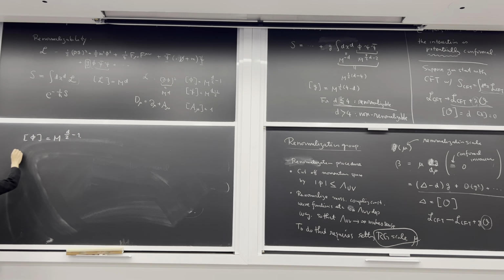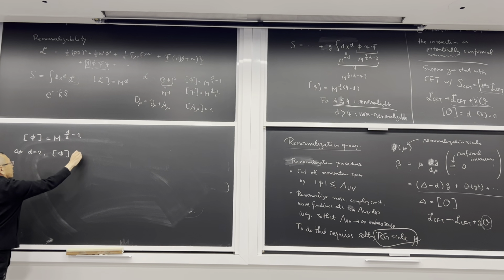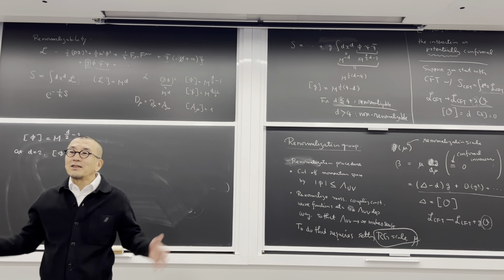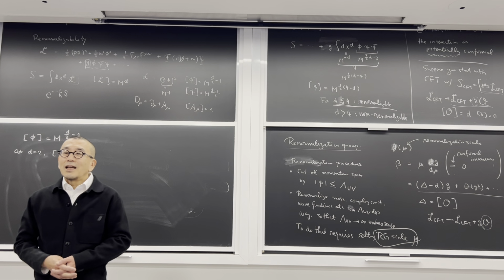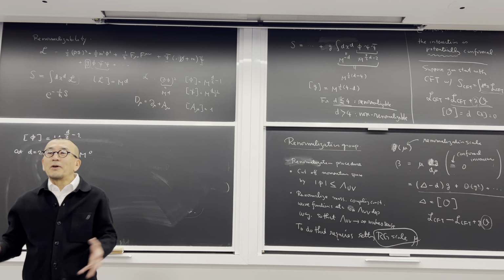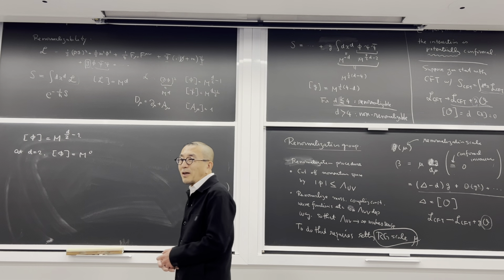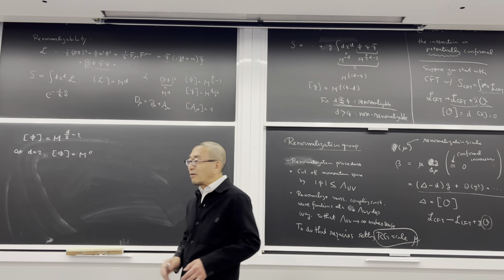So this means that at D equal 2, the conformal dimension of a scalar field is actually 0. So you can actually have as many fields as you like, and all these operators have no conformal dimensions. That does not change the conformal dimension.